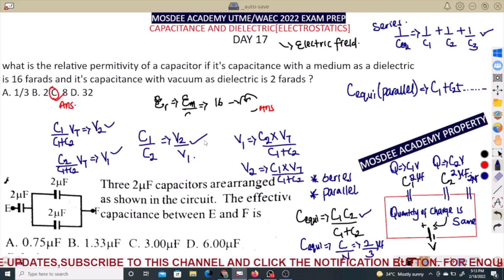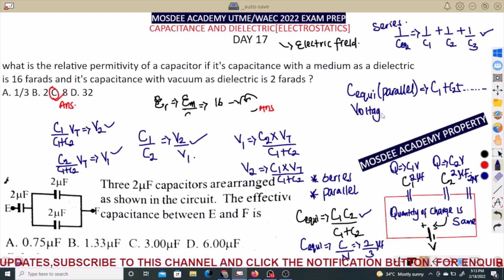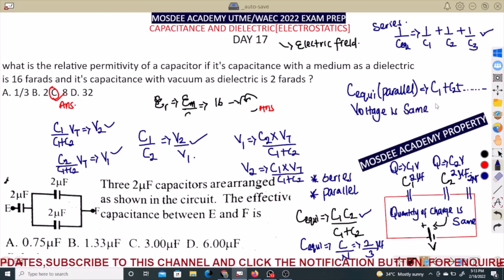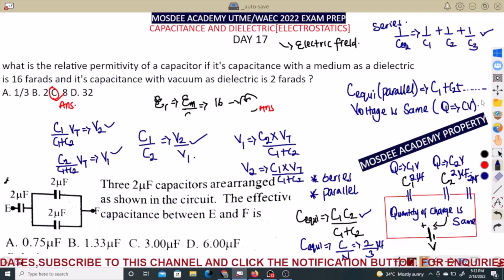Remember, like I said, voltage is always constant. Voltage is the same, so V is not changing. So we always apply Q equals CV, and you are going to get all that is needed. If our voltage is constant, you can say Q equals C1V, then the other one Q equals C2V, because voltage is the same. So you always use that to get the value.